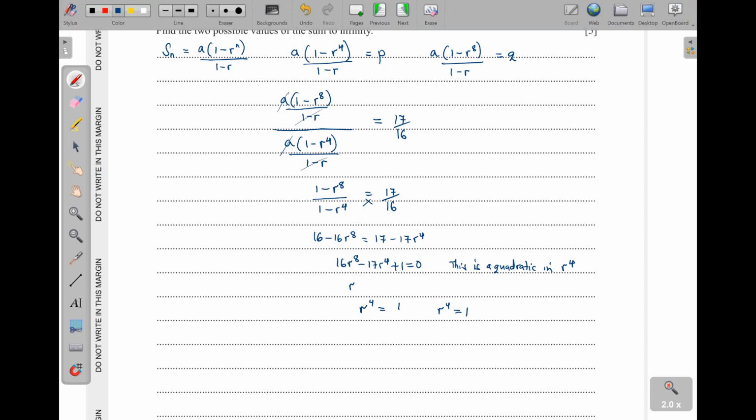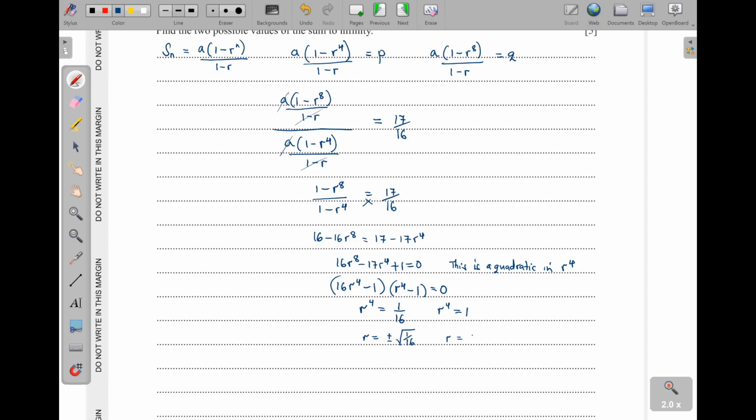So if we have 1 over 16 here, when you cross multiply, you have 16 r to the power 4, then you bring the other one here, and that will be r to the power 4 minus 1, which is equal to 0. So r is going to be plus or minus. Remember, even power of a negative is also positive, so we have to put plus or minus here.